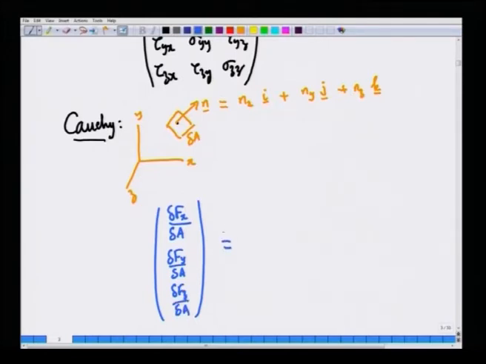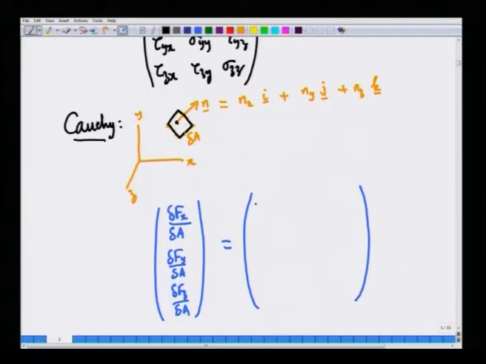The answer due to Cauchy, which I will not derive, is that you simply take the local value of the stress tensor acting at that point. Remember, this is an infinitesimal area surrounding a point.